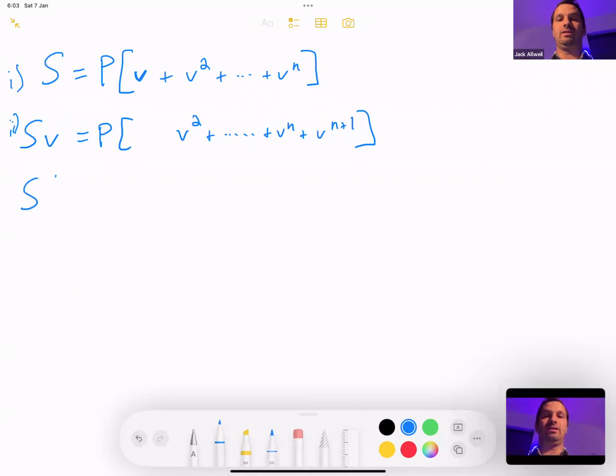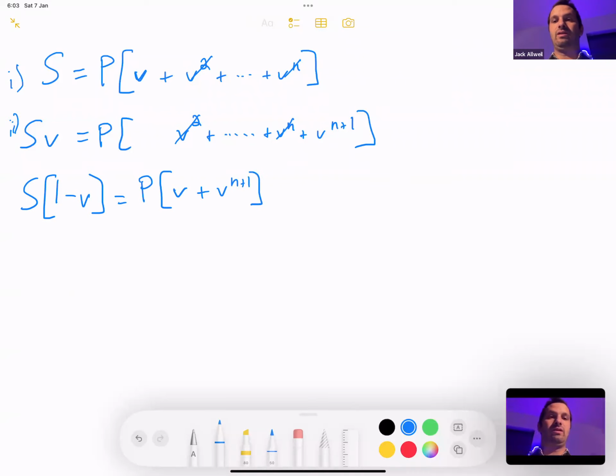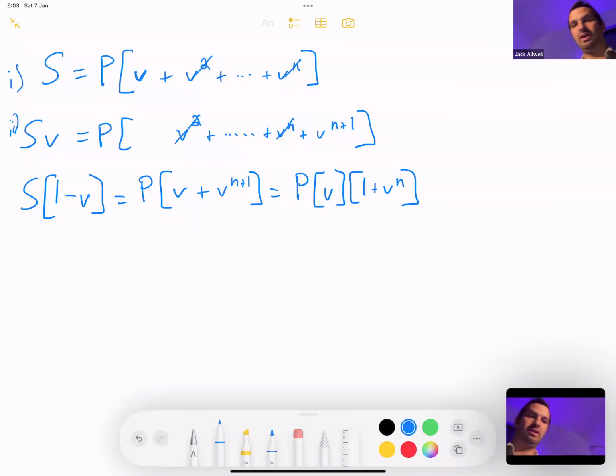So we got S minus SV, so we got 1 minus V here, times P. And notice how all this inside stuff cancels out, and we get V plus V to the n plus 1. And we can simplify that a little bit by taking the V out and going 1 plus V to the n. And I think you'll see in a second why that's helpful.